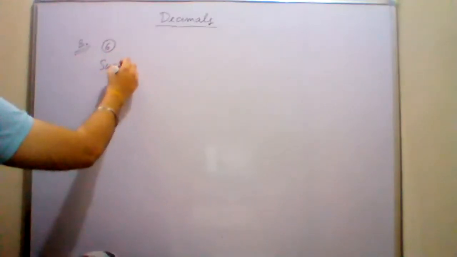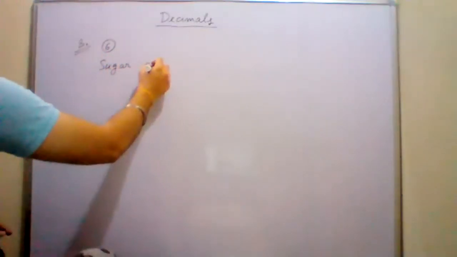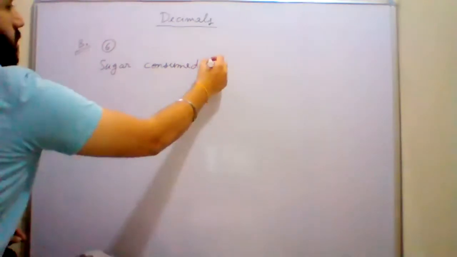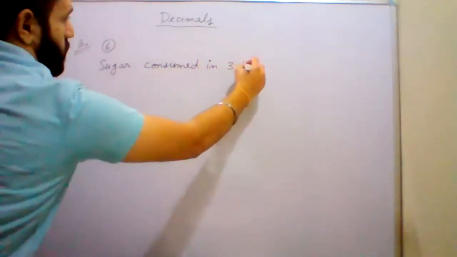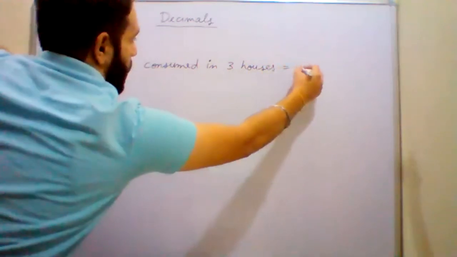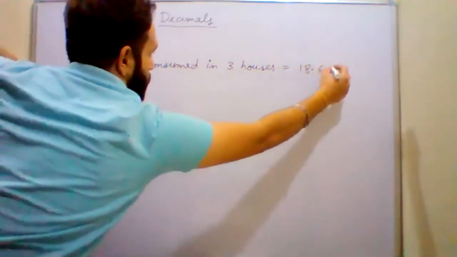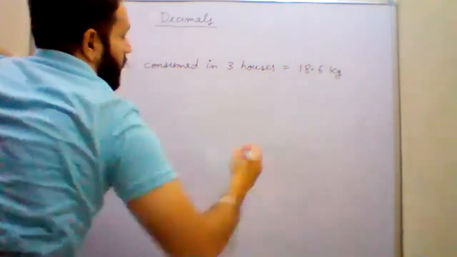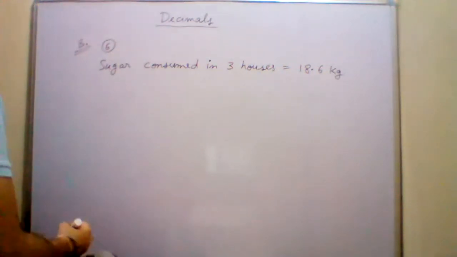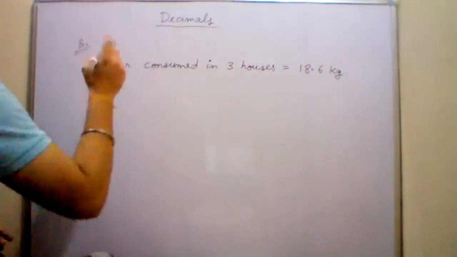Sugar consumed in 3 houses is equal to 18.6 kg. 18.6 kg of sugar is consumed in 3 houses. How much sugar will be consumed in 1 house?